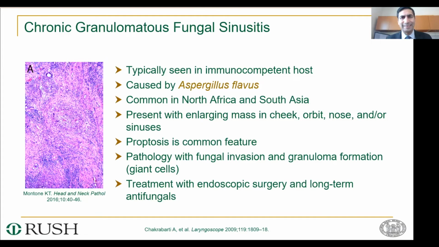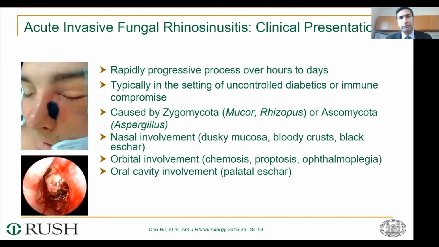This can present as an enlarging mass in the cheek, orbit, nose, or the paranasal sinuses. Proptosis has been seen to be a common feature. And again, if you were looking at the pathology of this, you would see this granuloma formation, and you'll see evidence of fungal invasion. And treatment of this is with endoscopic surgery and long-term antifungal therapy.